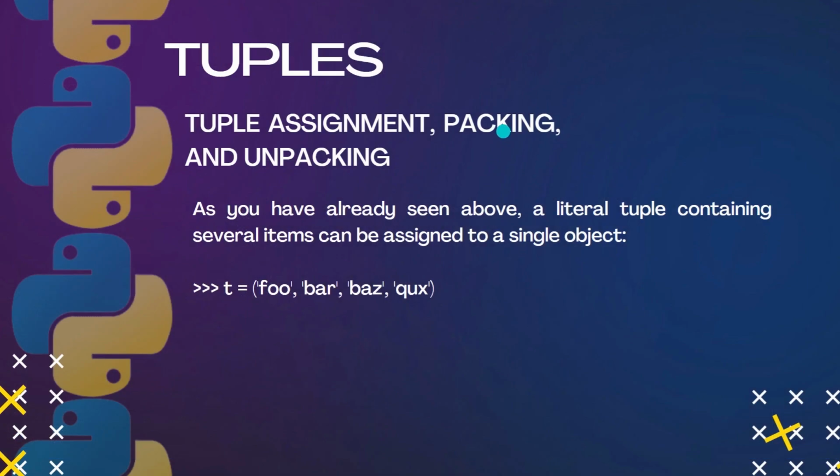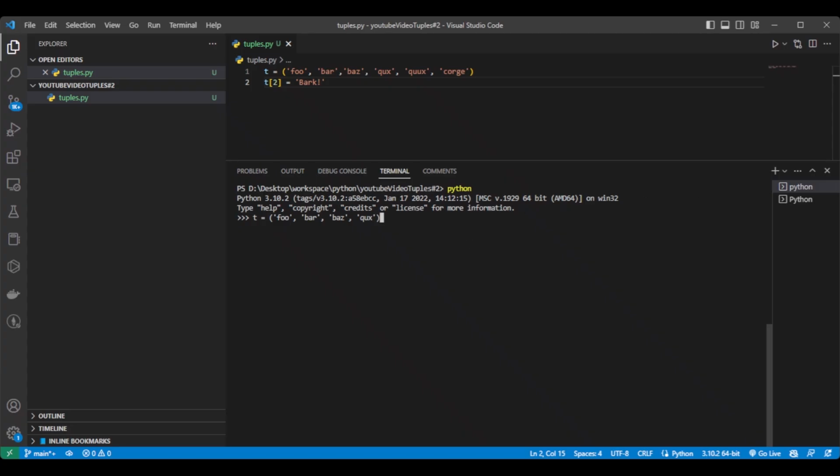Now you will enter the part of tuple assignment, packing and unpacking. As you have already seen above, a literal tuple containing several items can be assigned to a single object. Let's try. Let's put these 4 elements in the t variable, that's to form a tuple.